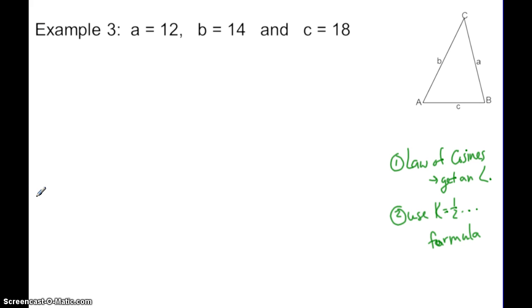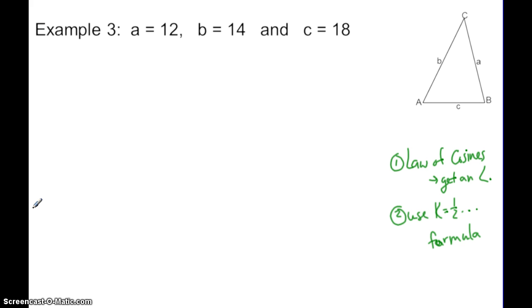If you don't like the formula I'm about to show you, you don't have to use it for these cases, but it does make these a little bit easier. I could use law of cosines with my three sides to find an angle. Go back to our video, law of cosines. The second example is an example of that.